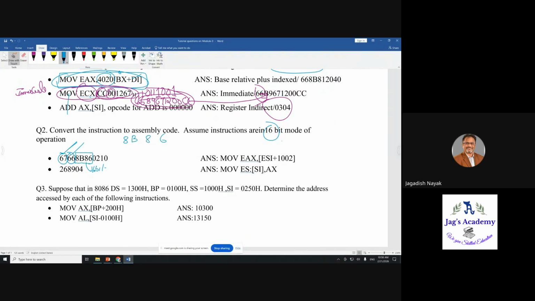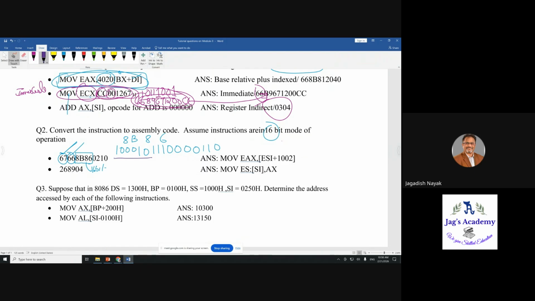What is 8 in binary? 1000, right? What is B? 1011. What is 8? 1000. What is 6? 0110. Now take the first 6 bits.